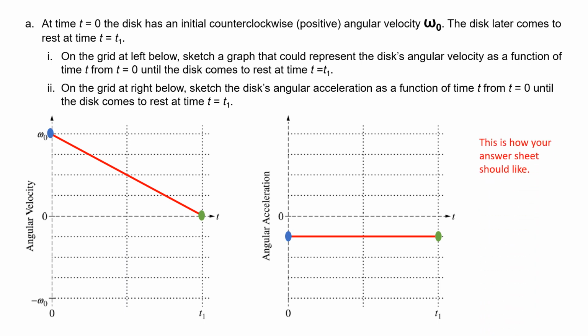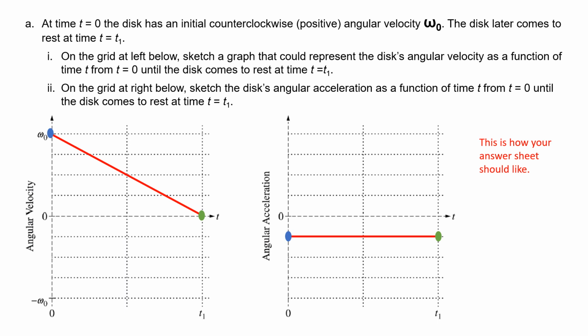So in your worksheet or in your answer during the actual test, just draw this line stating what this value over here is, omega 0. Well, actually, you must label our dots.